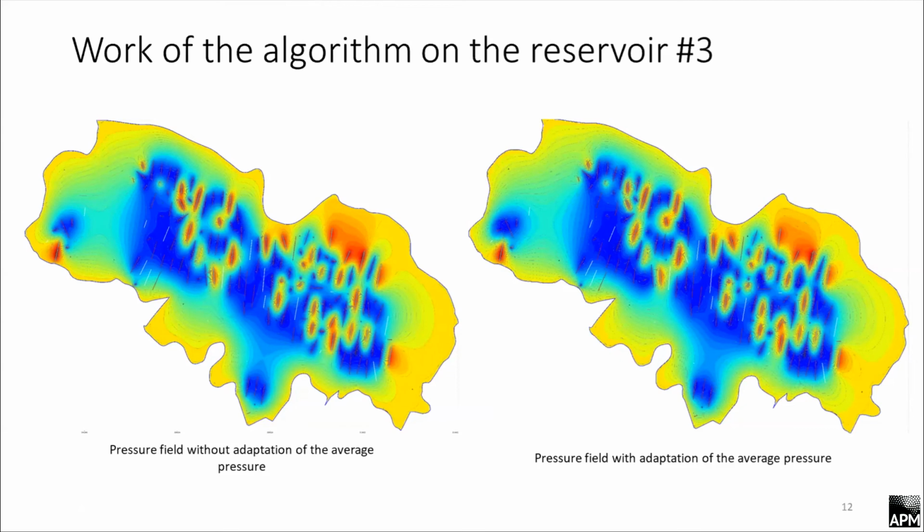As you can see, there is not much difference, only in a few regions, and that shows that our method does not really change the whole picture, but raises the accuracy of the model.